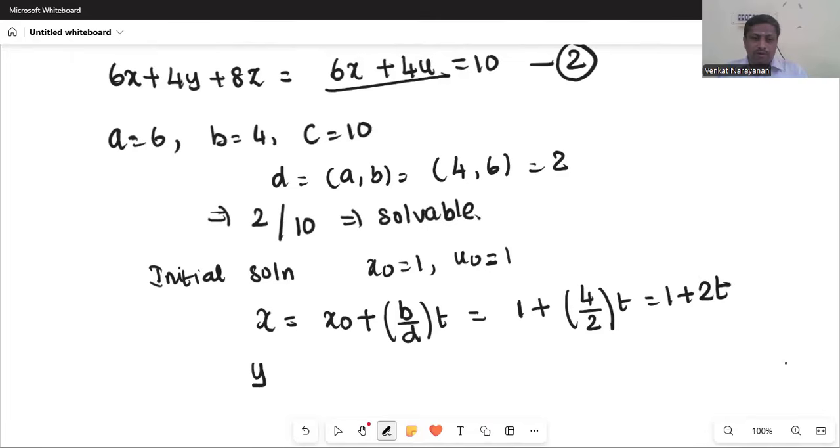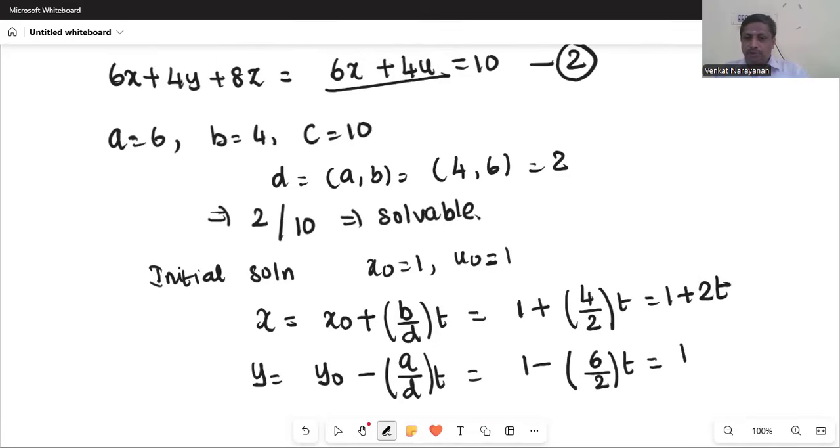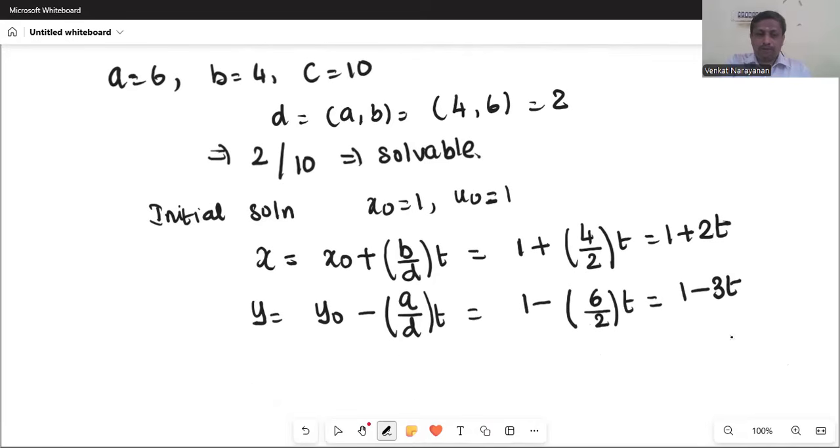And the u values are u naught minus a by d into t, that is 1 minus 6 by 2 into t, that is 1 minus 3t. This is the u variable, because u is the only variable we are using.